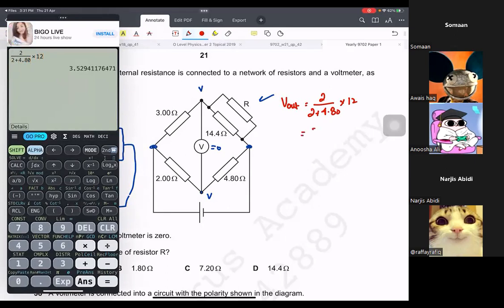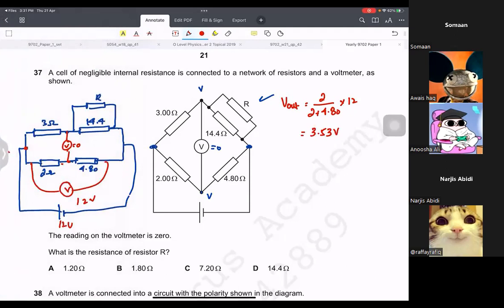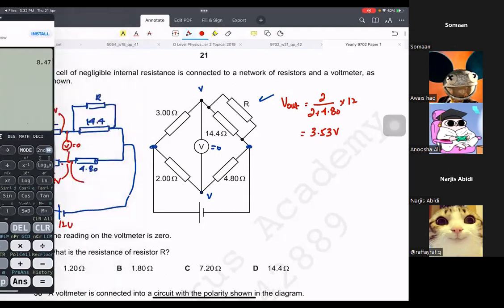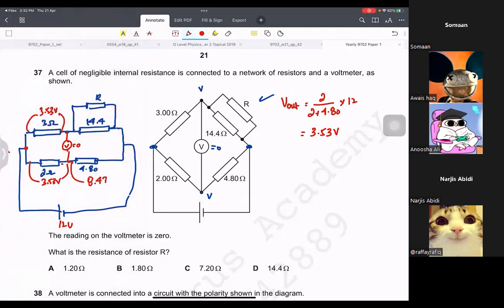This is 3.53 volts. So if this is 3.53 volts, this means this is also 3.53 volts. This means that this gets 12 minus 3.53, that is 8.47 volts, and this whole also gets 8.47 volts. Now the point is, how is it going to help me?